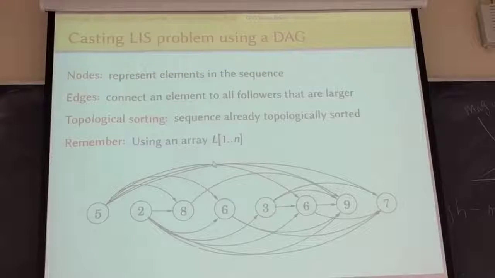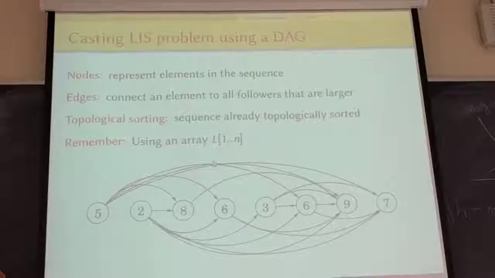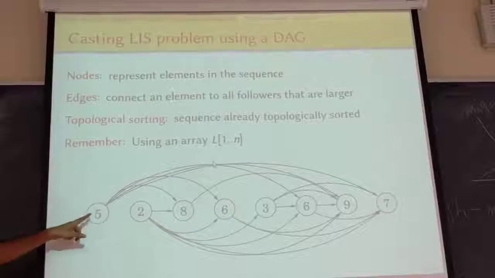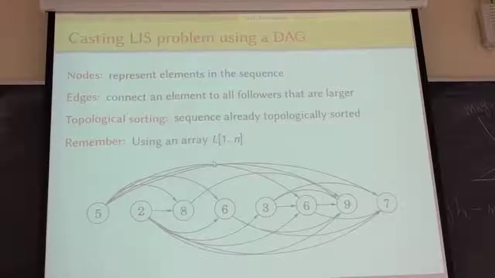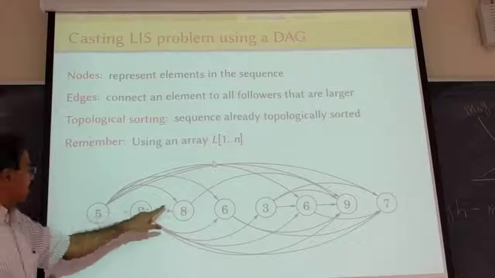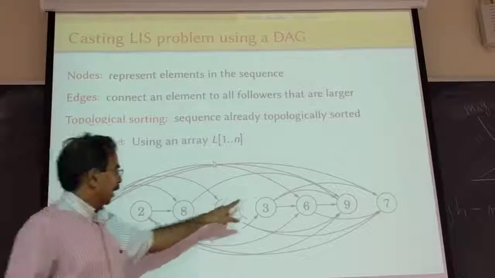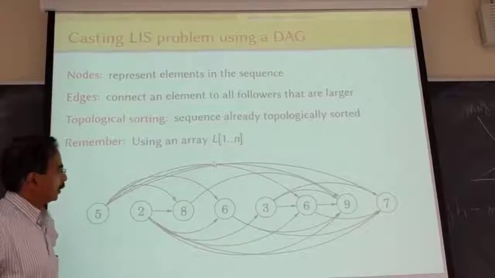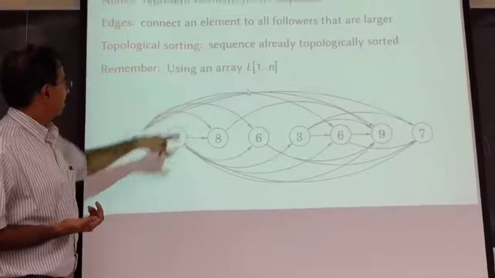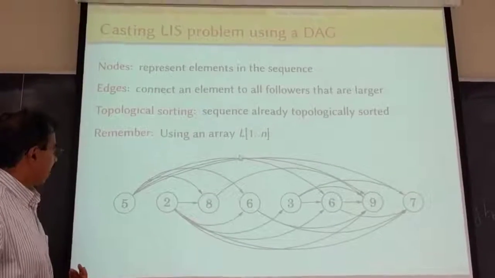So let's try to represent this using a DAG. What we are doing here is connecting every vertex forward to every node that is greater than it. So 5 is connected to 8 and 6 and this 6, this 9 and this 7. That's why there are 5 edges going out of 5.